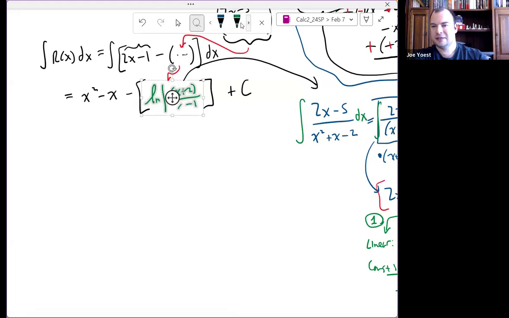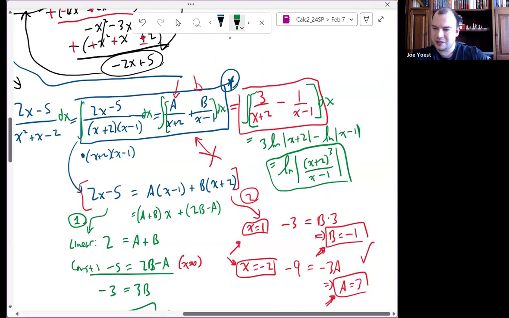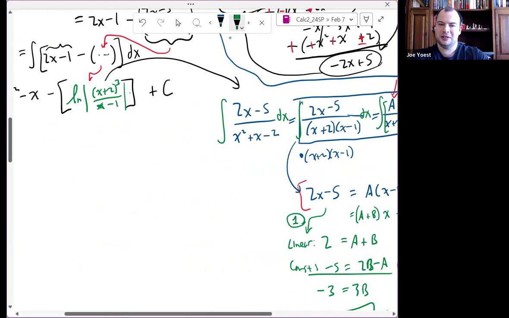All right. I think I might have missed a couple pieces, but that's x plus 2 cubed over x minus 1. That looks good.